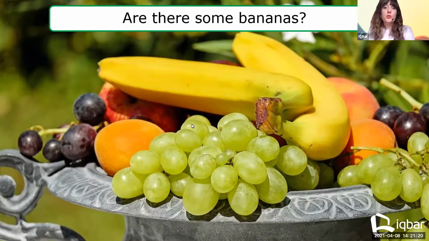Let's have a look at the second poll. So this is also true or false. We use some when we refer to an unspecified amount of objects. So when we're not saying how many objects there are. Is that true or is that false? So this time 100% have said that's true, that we do use it to refer to an unspecified amount of objects.